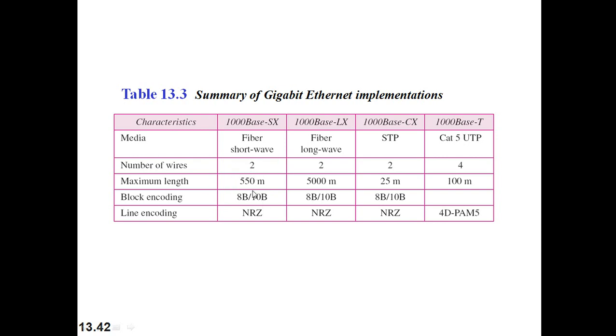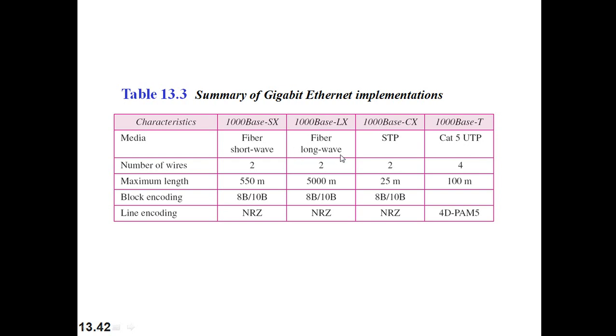The maximum length here is 550 meters, and the block encoding scheme we are using is 8B/10B. This 8B/10B block coding mechanism is used for all these implementations, that is 1000BASE-SX, 1000BASE-LX, 1000BASE-CX.